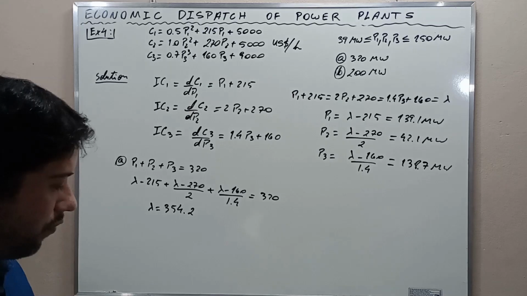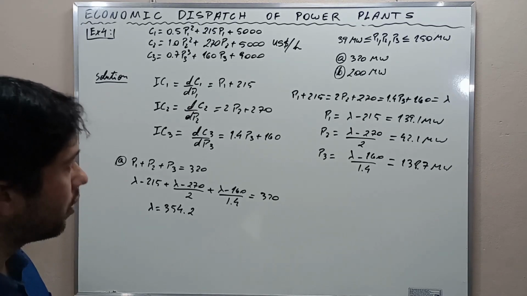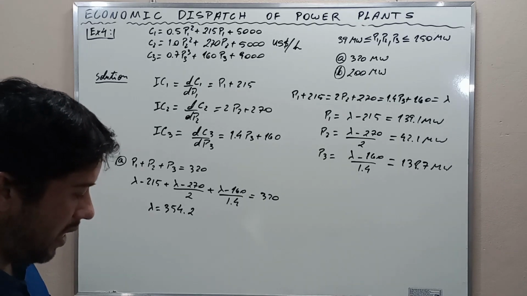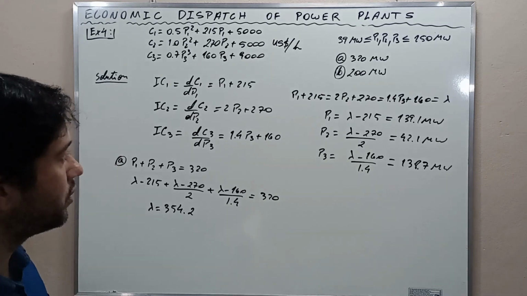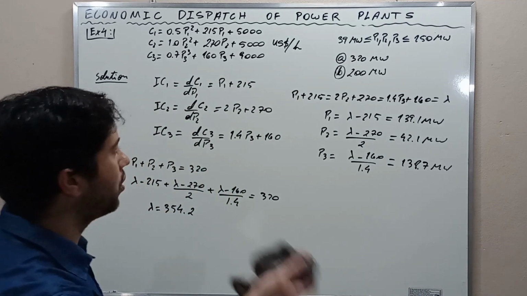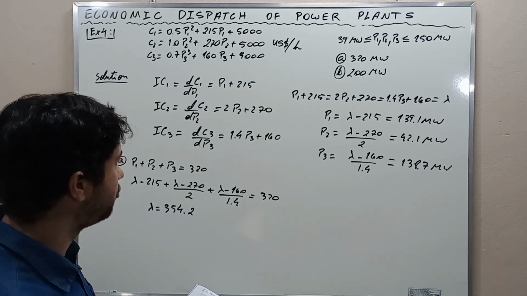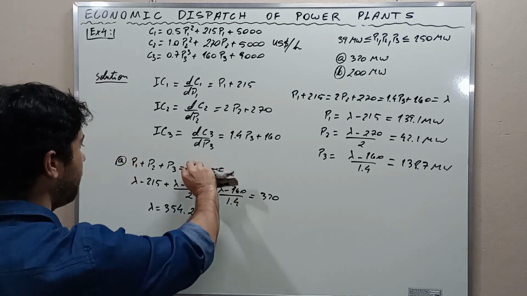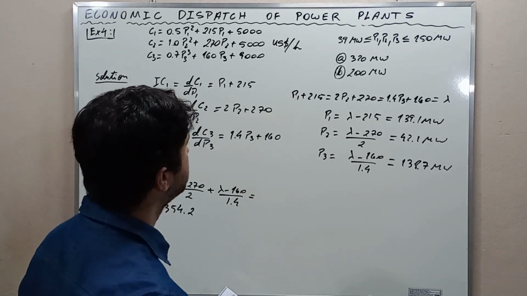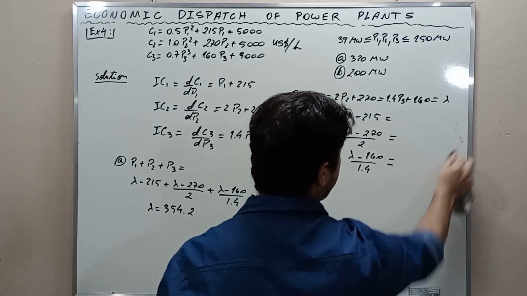Okay? This is for the case letter A, when the demand is 320 megawatts. Now let's do the same for the case in which the demand is 200 megawatts. We are going to do practically the same, okay? The only difference is going to be here, and this will be different values here.